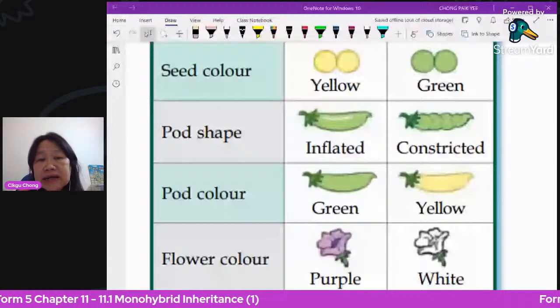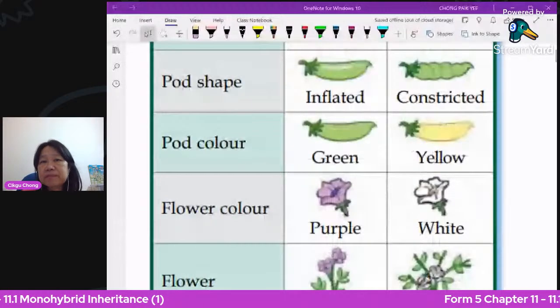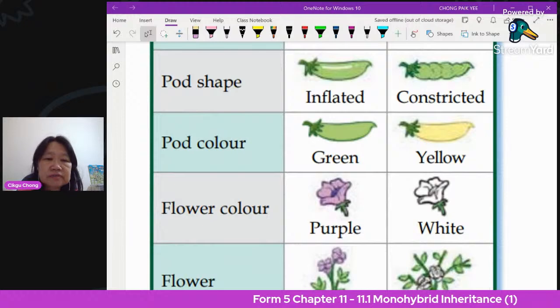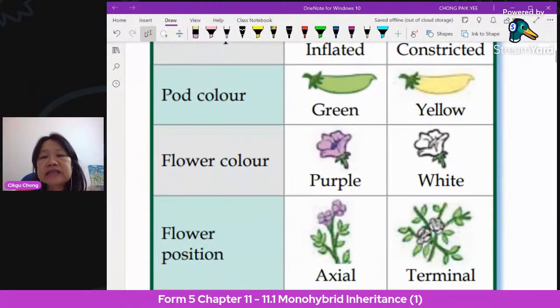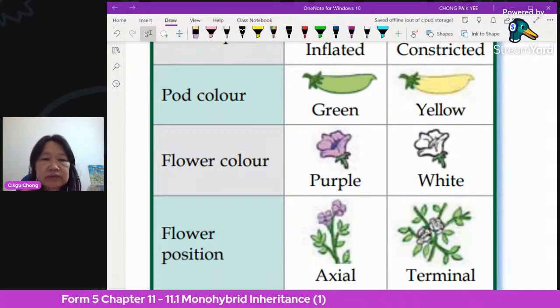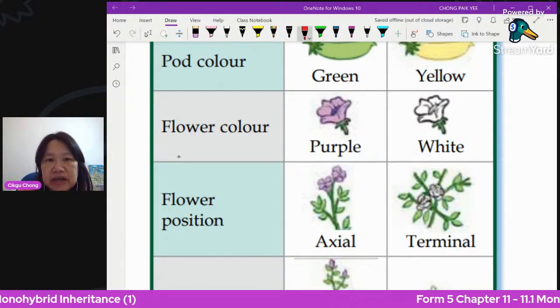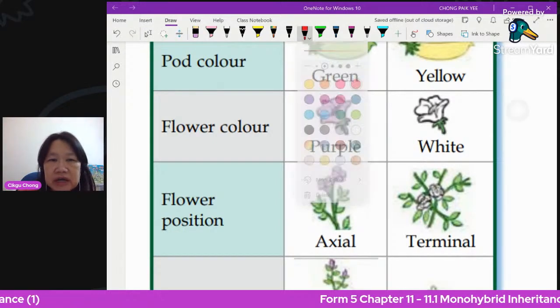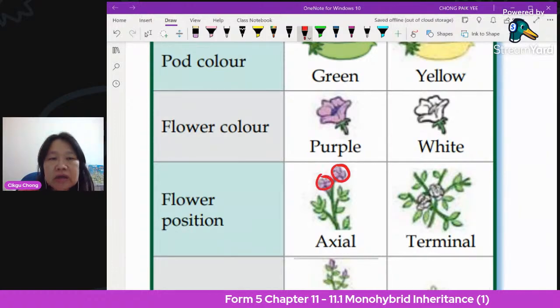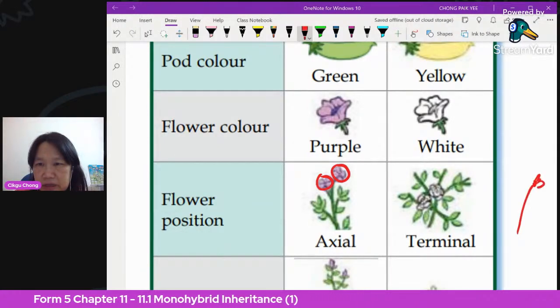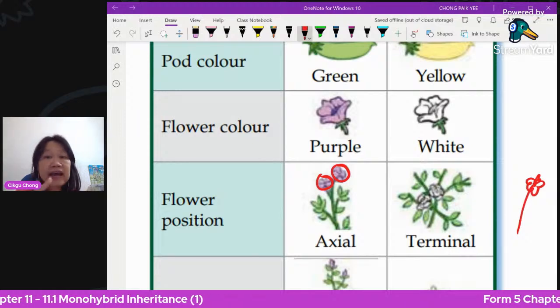Flower color: you notice that some pea plants have purple flowers and some have white flowers. And flower position: some are axial. Axial means they are found at the tip of the branch. Let's say the branch is here, and the flower happens to be at the end of the branch.